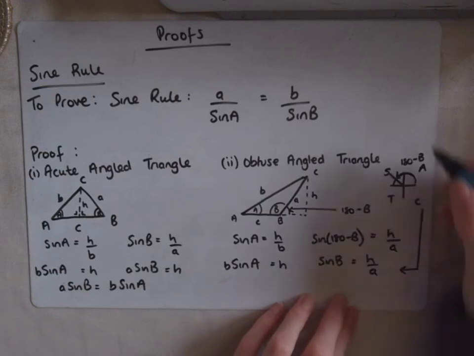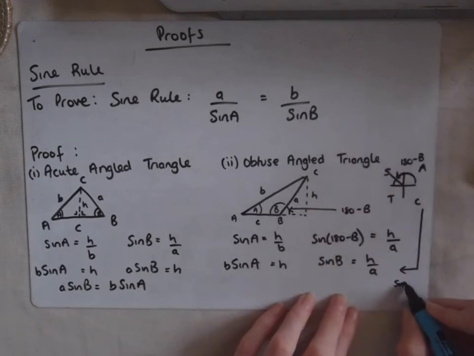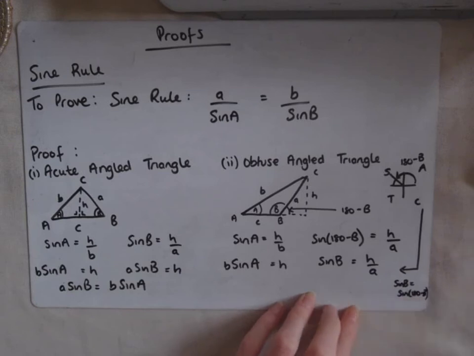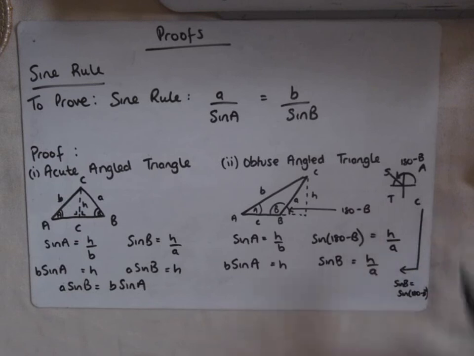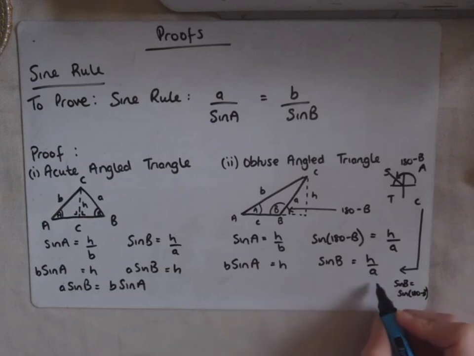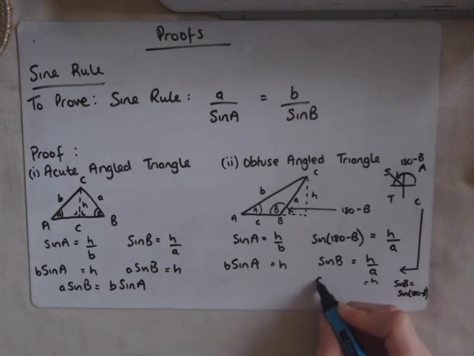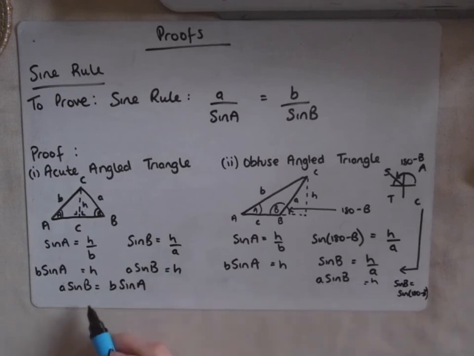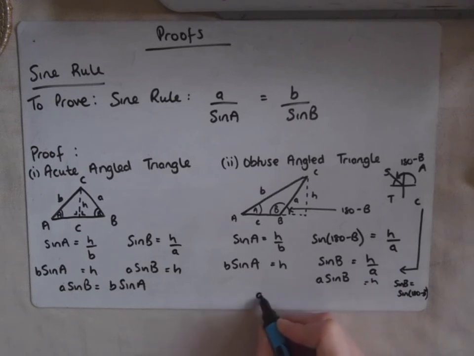You can just say sine of B is equal to sine of 180 minus B. Having shown this, what I get again for h is a sine B. So I get the same thing as I had over here: a sine B equals b sine A. I have the same on both sides.